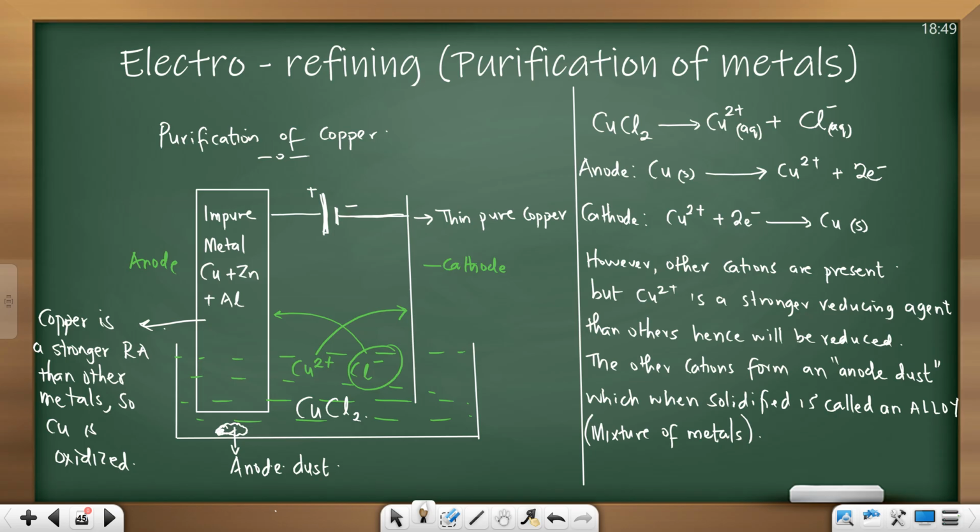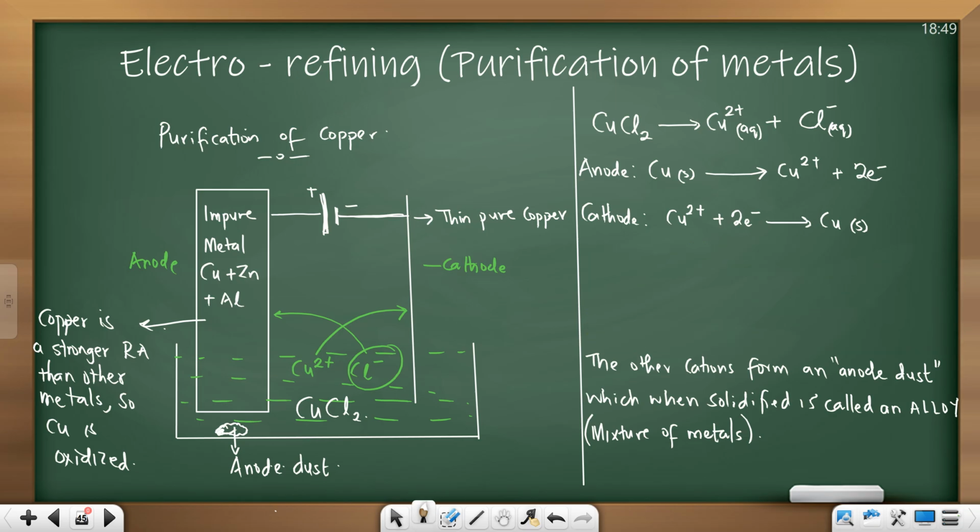I want to clean this one. Let me alter this. I want us to change it because I wrote ions here. I want us to remove the ions. Let me bring that statement here. Copper is stronger. Just alter that note for me.